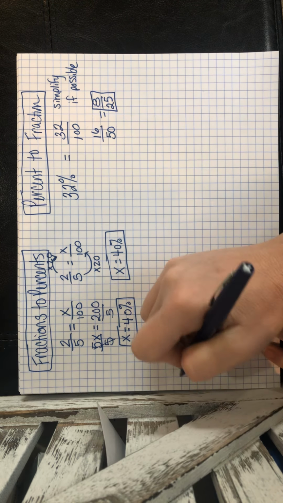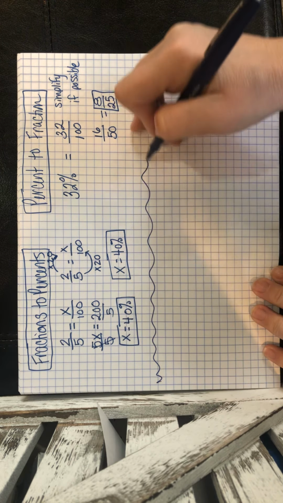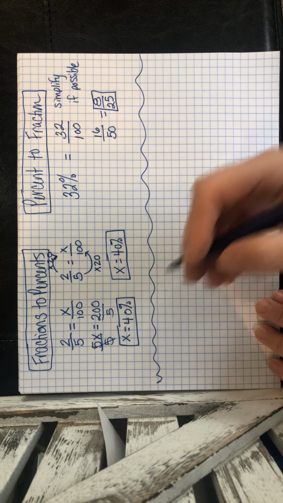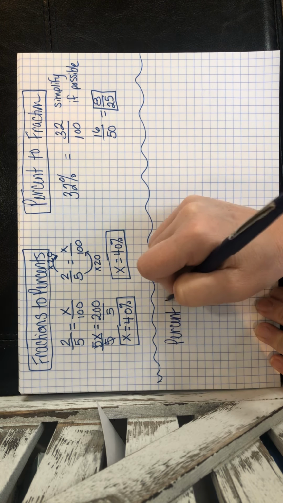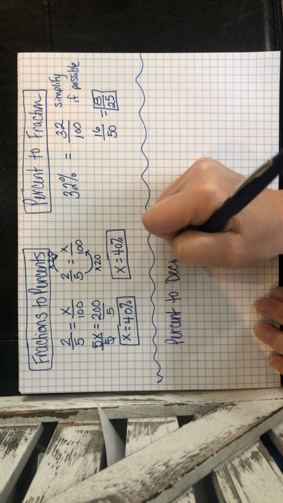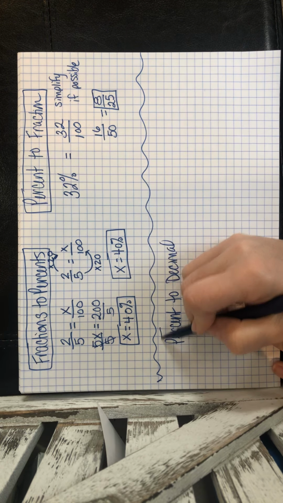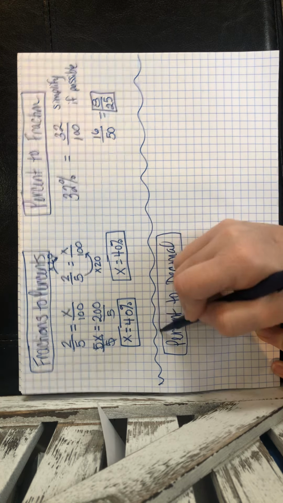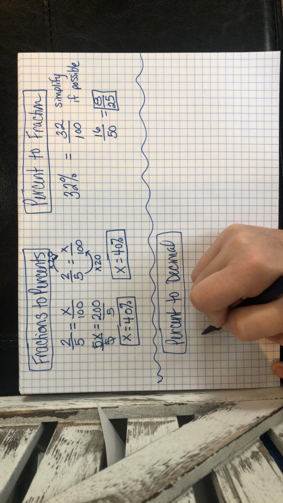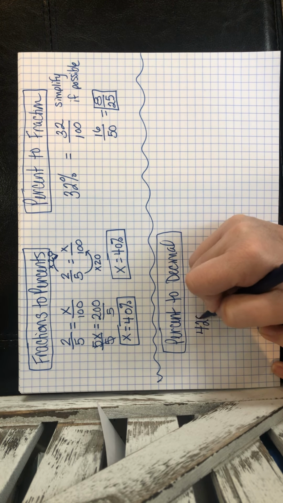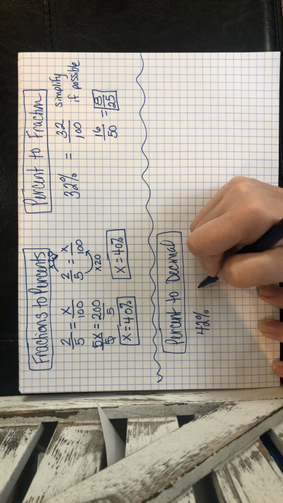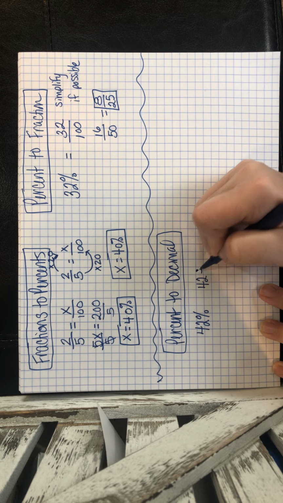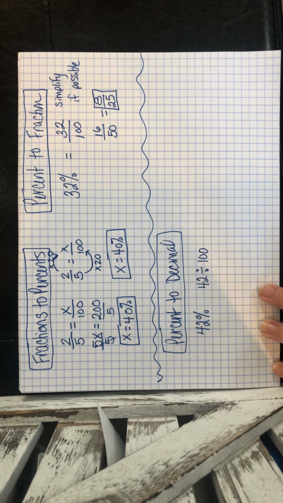All right. Now, the next one that we have is a percent to a decimal. So if we want to do a percent to a decimal, for example, 42%, here you're basically taking 42 and dividing it by 100.